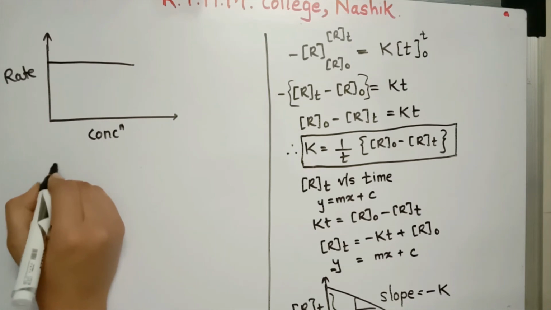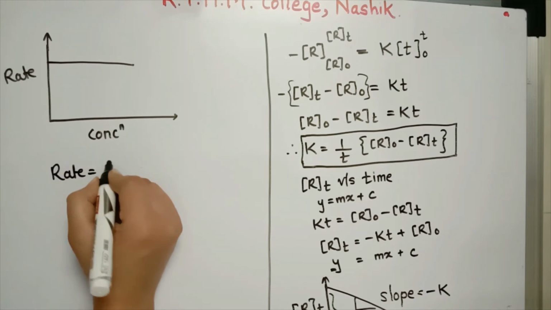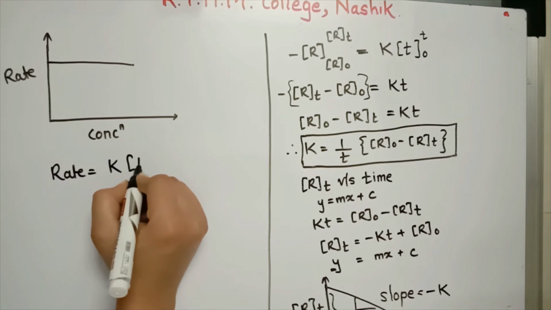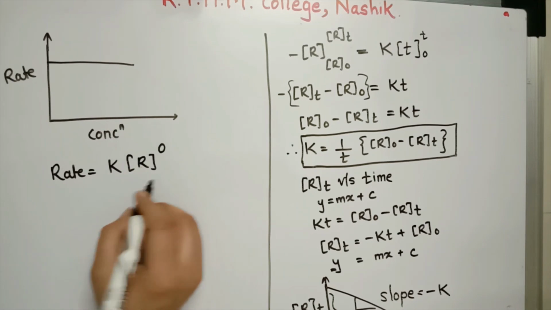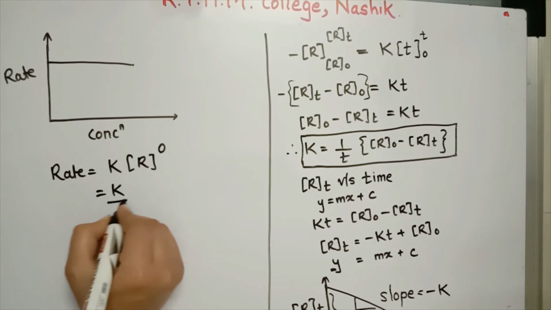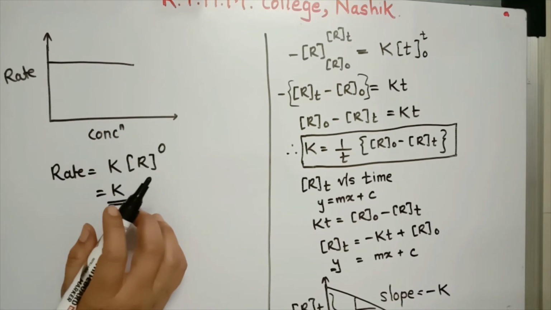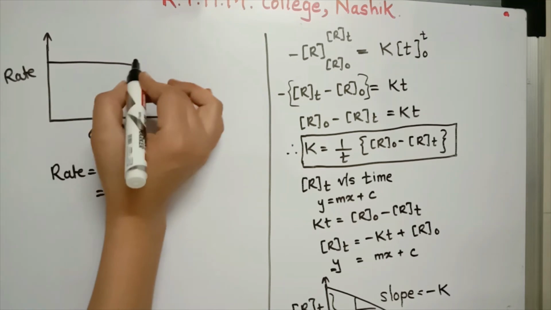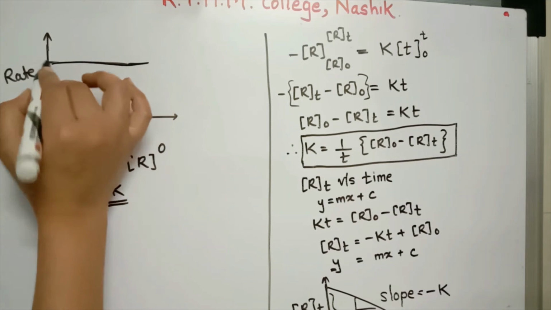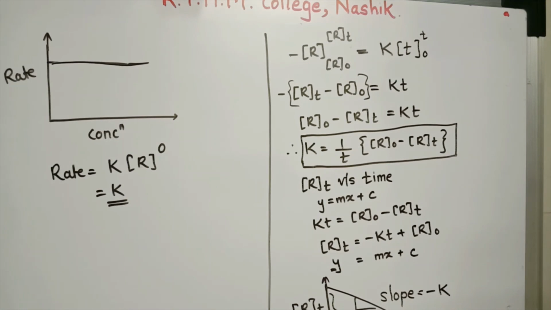Why? We know that rate will be equal to K into concentration of R raised to 0. That means K. So rate is constant. It does not depend on the concentration. This is the most important point for the zero order reaction.